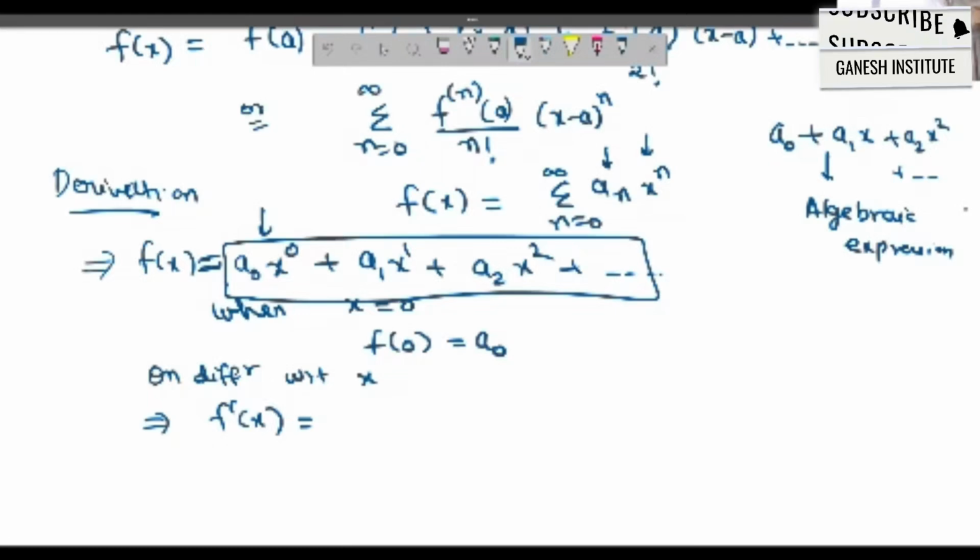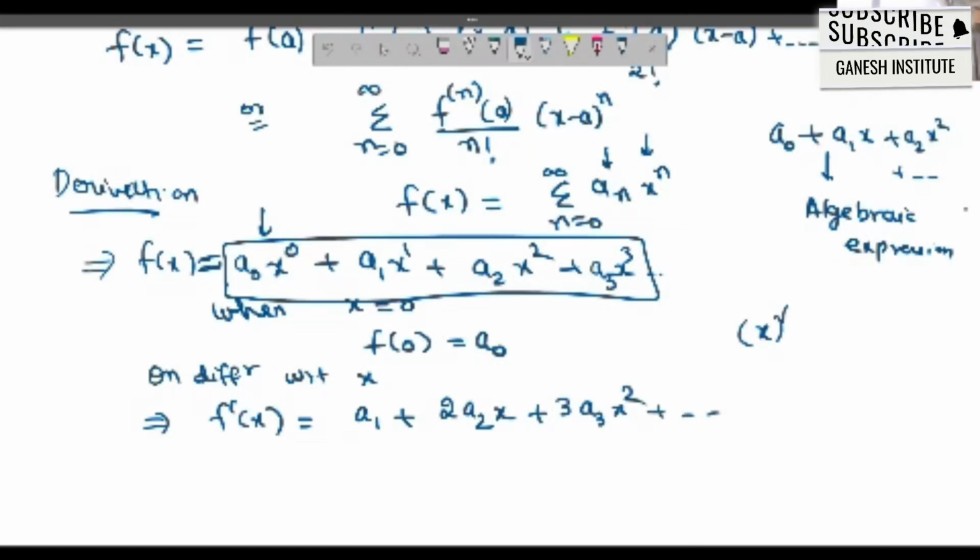For that, it is a1 x raised to power 1. The derivative of x raised to power 1 is what? Oh, right, sorry. A1 plus 2 a2x plus 3 a3x square.